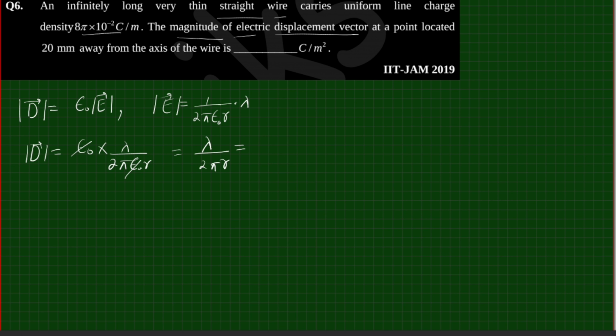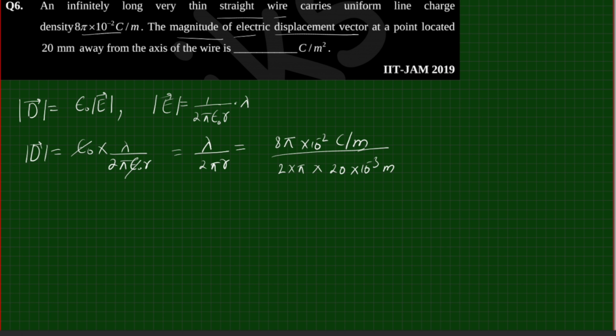The value of lambda is given as 8 pi into 10 to the power minus 2 Coulomb per meter, and 2 pi, and r is given as 20 mm, so 20 into 10 to the power minus 3 meter.